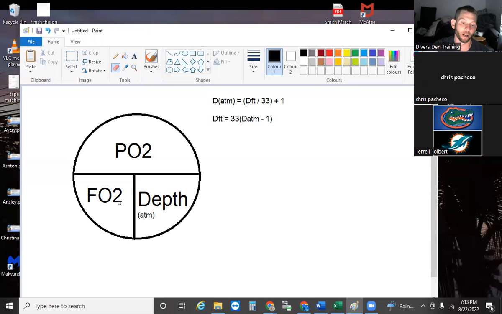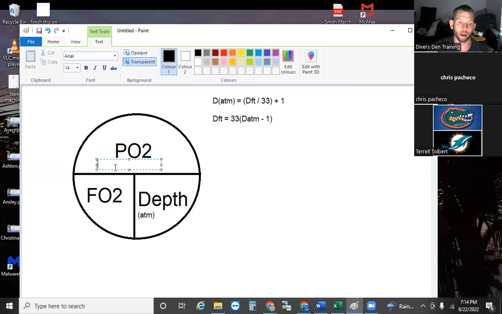If you want to find your MOD, you divide the partial pressure of oxygen you're using by the partial pressure that you don't want to exceed, and your fraction of oxygen. Remember, the two partial pressures you're concerned about are 1.4 and 1.6.